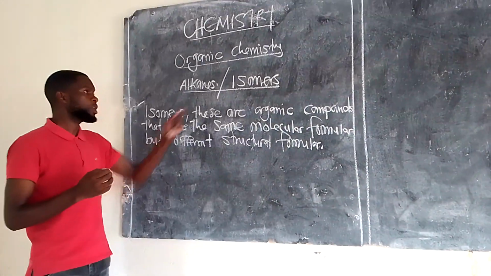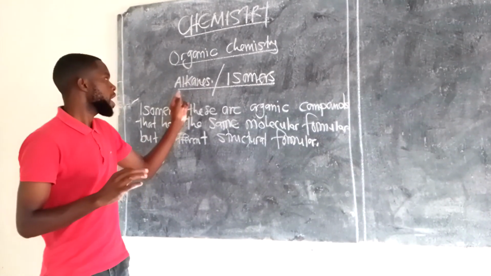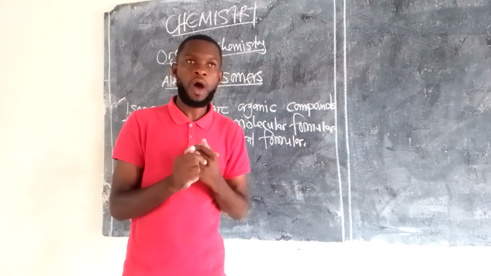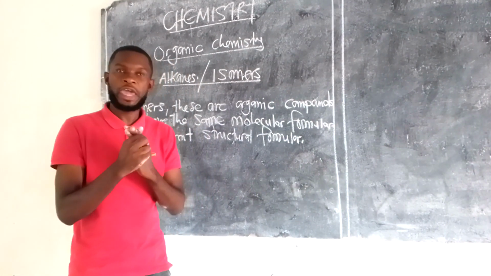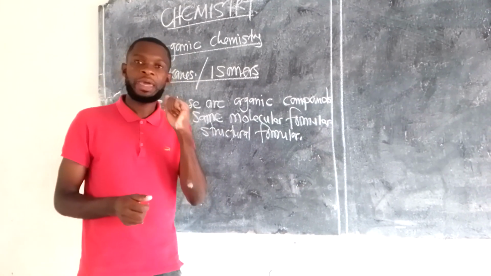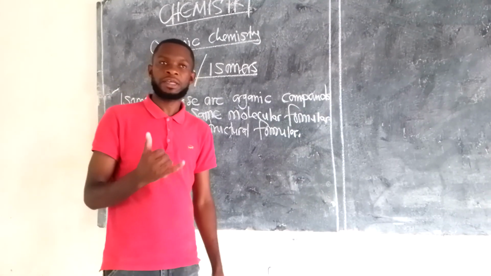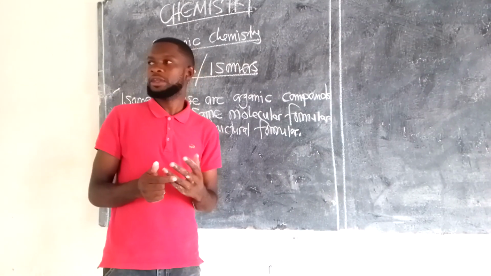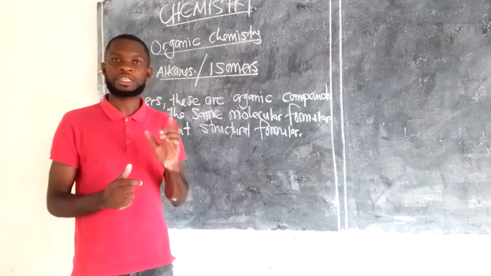Under alkanes, we have 10 members. Number one is methane, number two is ethane, number three is propane, number four is butane, number five is pentane, number six is hexane, number seven is heptane, number eight is octane, number nine is nonane, and number ten, the last one, is decane.